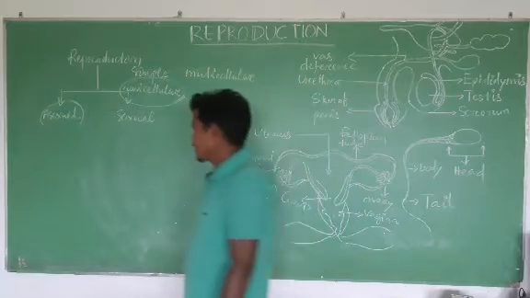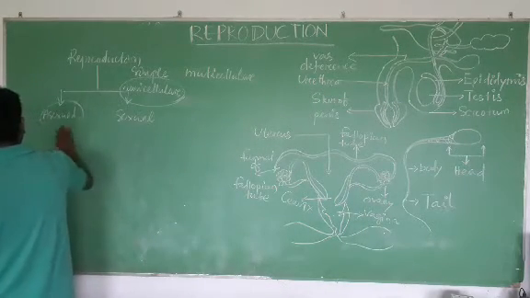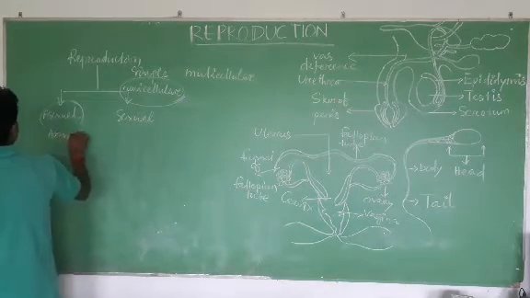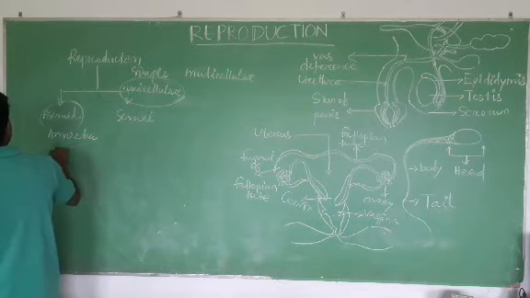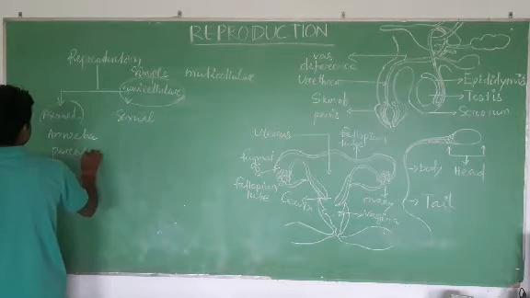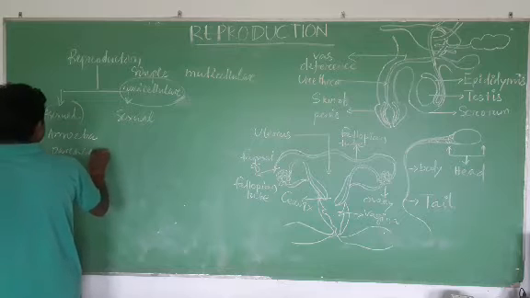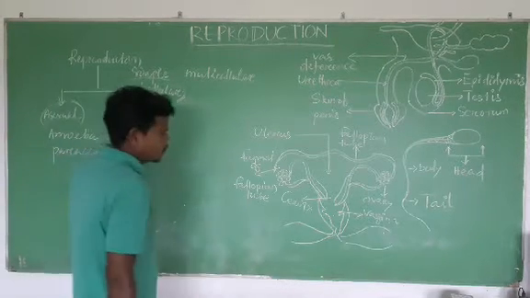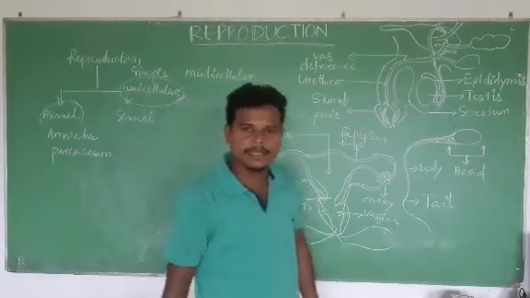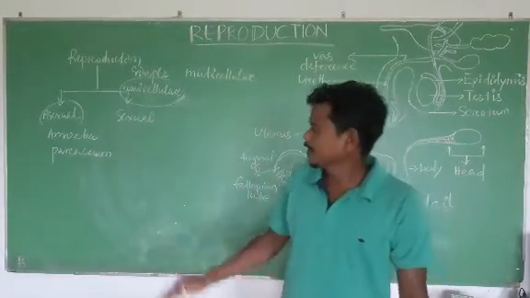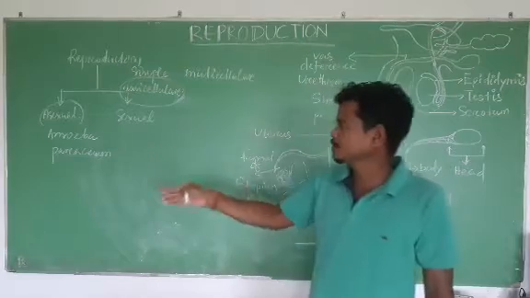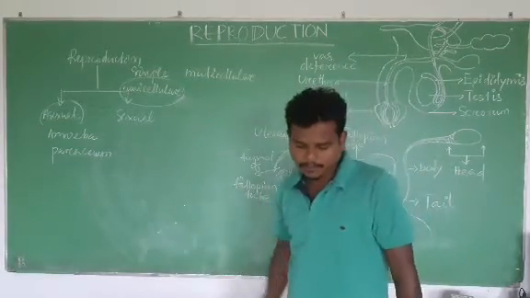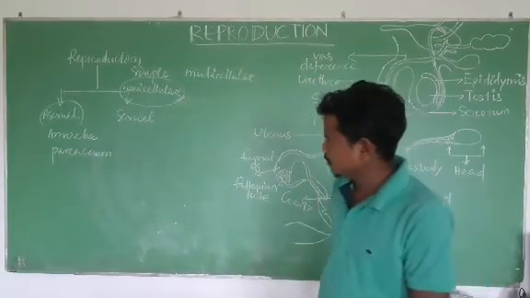You might have seen amoeba, paramecium, Chlamydomonas, and so on. They reproduce by the asexual mode of reproduction.